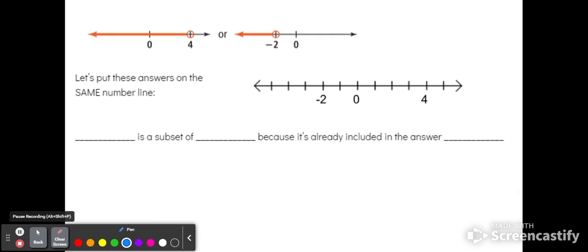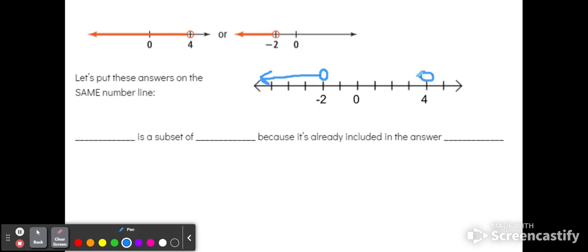So if I graph those solutions, that x is less than 4 and x is less than -2, I have graphs that look like this. And this was the example, or the way the book was going to show it. But let's actually put these answers on the same number line, because that's what we're going to do. So x is less than -2 and x is less than 4.